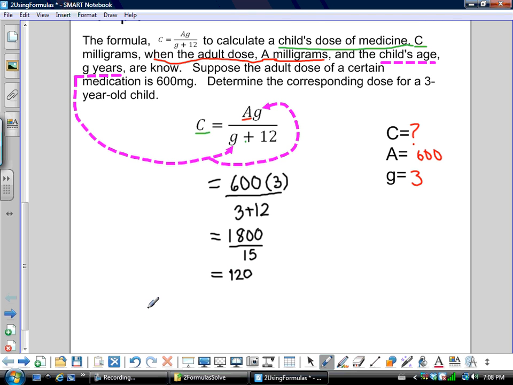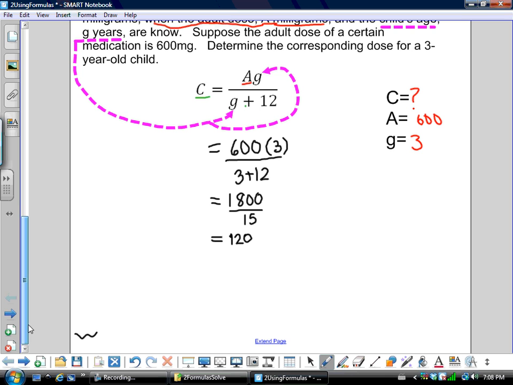As with all word questions and application questions, I have to put a therefore statement. It doesn't have to be anything fancy, but you still need one. So therefore, the child needs 120, and I need to know what units I'm talking about.